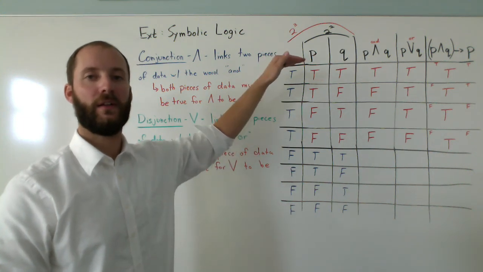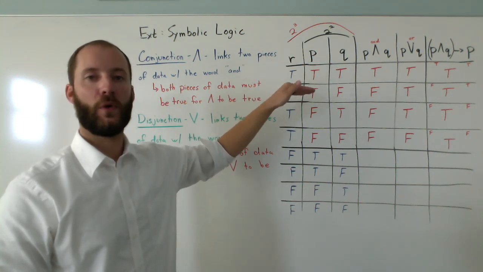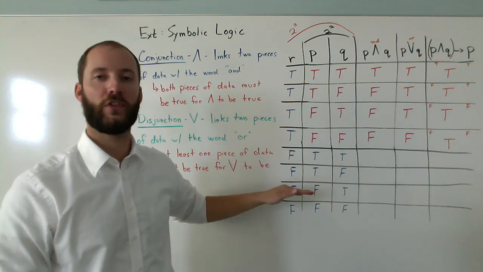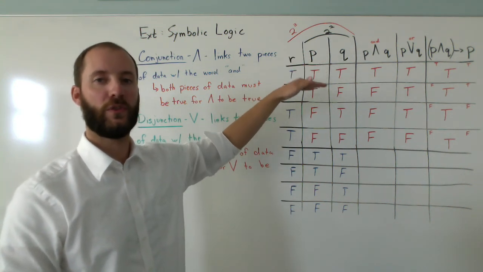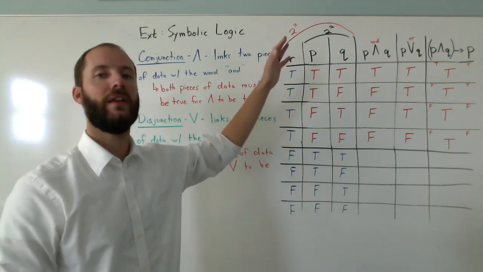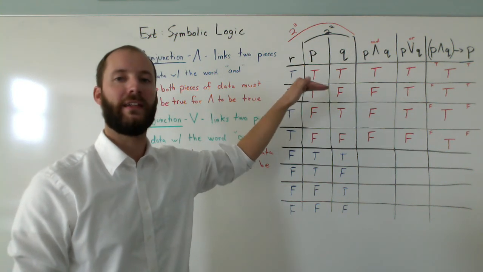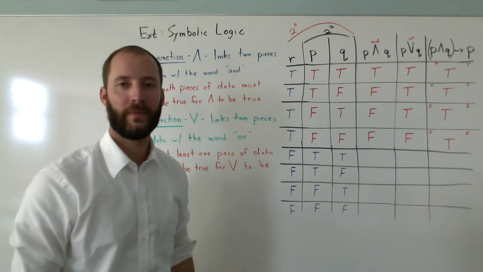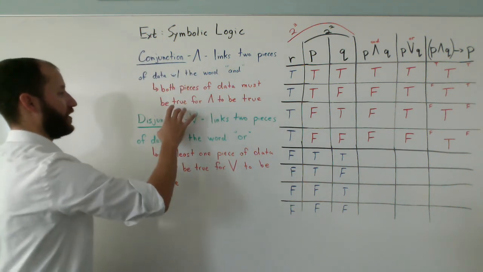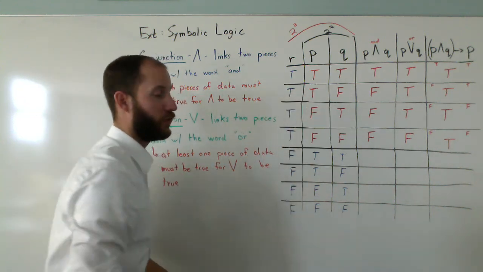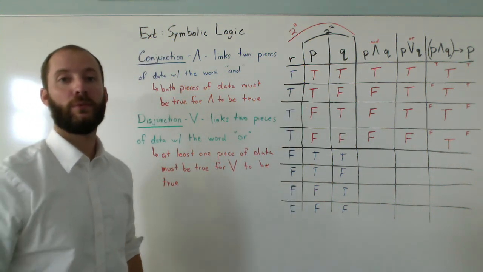The next one, twice as often. 4 true, 4 false, 4 true, 4 false. The next one, twice as often, 2 true, 2 false, 2 true, 2 false. The next one, every single other. So that is symbolic logic, conjunction, disjunction, and kind of some truth tables on steroids from what we've been seeing.